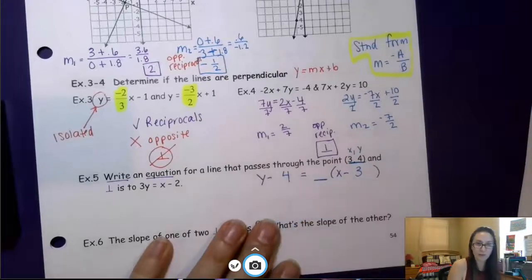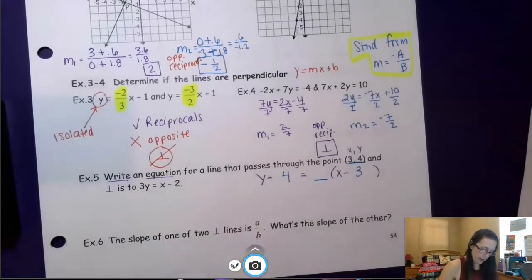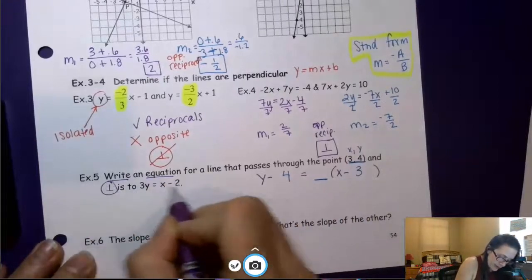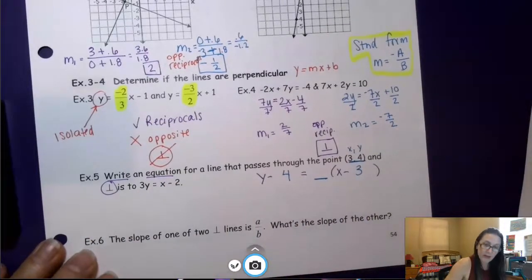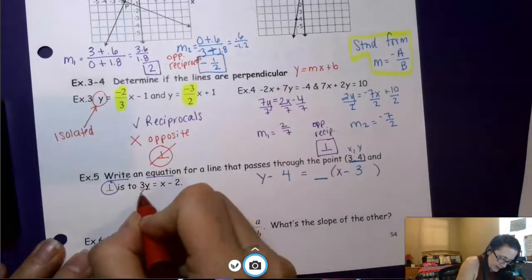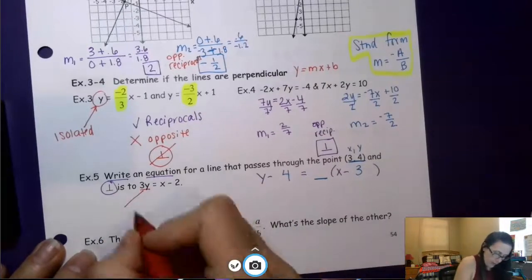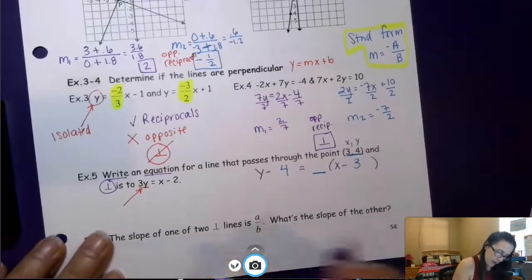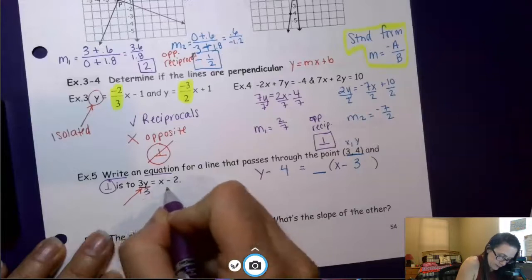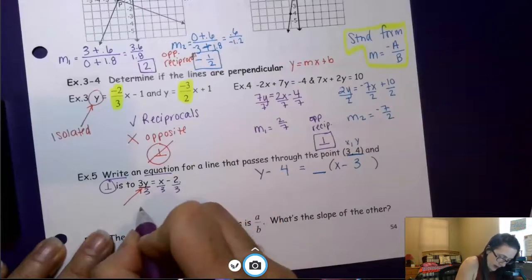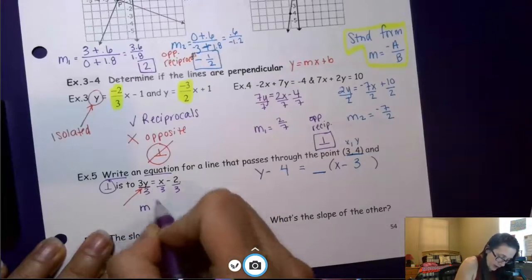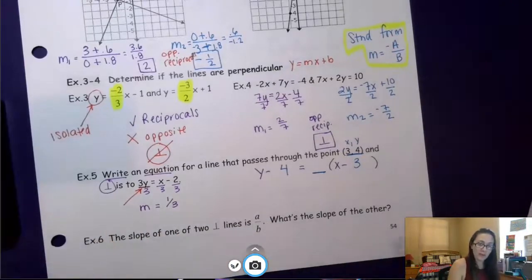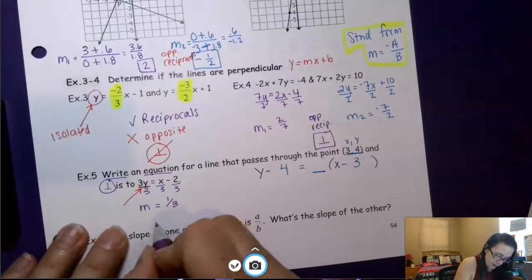I need my slope. So I come back over here. I want it through this point, and I want it perpendicular to this equation. Do you notice here that this is not isolated? Remember, you have to isolate your y. So I'm going to divide both sides by 3. I get my slope here originally is 1/3. Okay, now I don't just want my slope, I need the perpendicular slope.